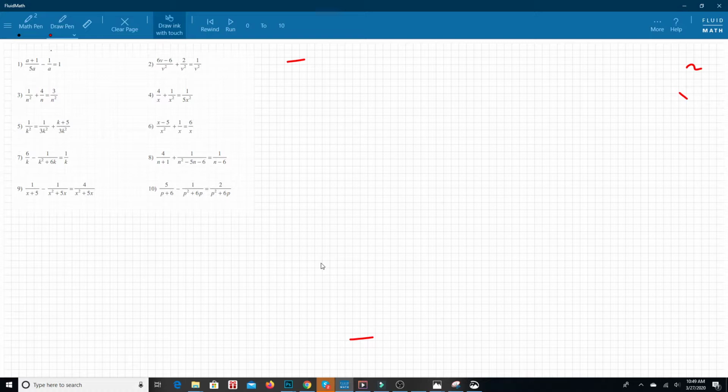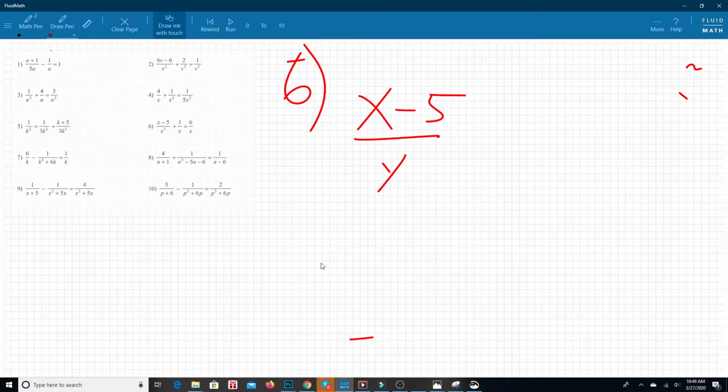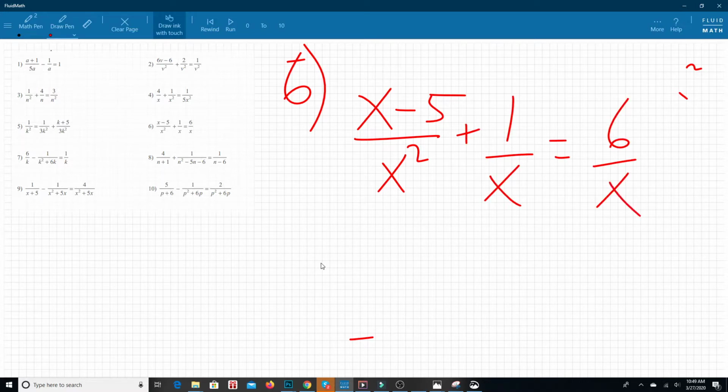Here, what do you think the LCD is going to be for question 6? You have x minus 5 over x squared plus 1 over x equals 6 over x. Anybody?